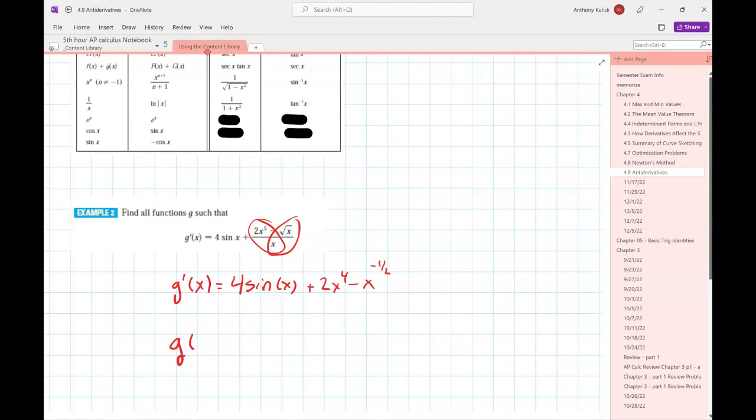Okay. So let's do g of x. I know that the 4 coefficient doesn't matter when I'm doing the derivative. I just ignore it and tack it back on at the end. So my antiderivative is still going to have that 4 there. And then what function, when I differentiate it, gives me sine? Cosine, right? So the antiderivative of sine would be cosine.